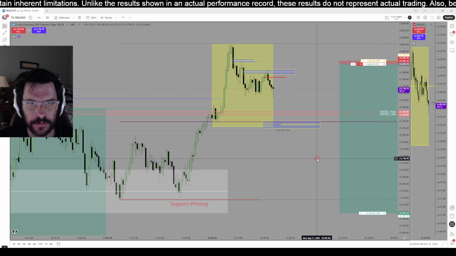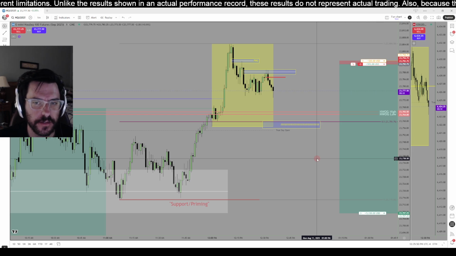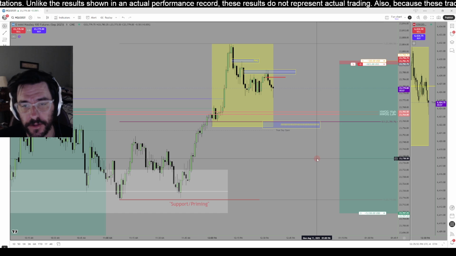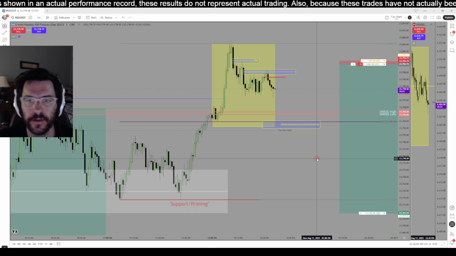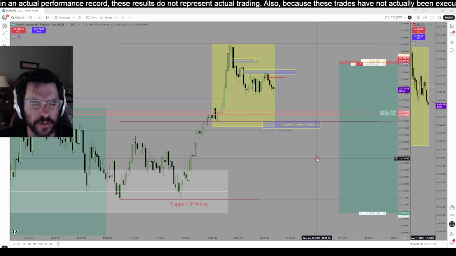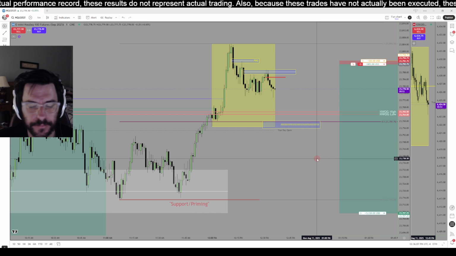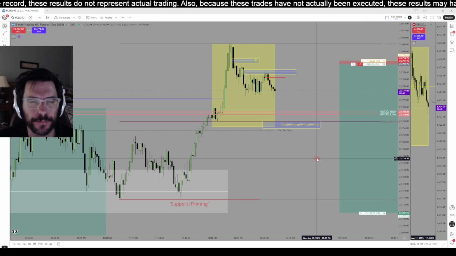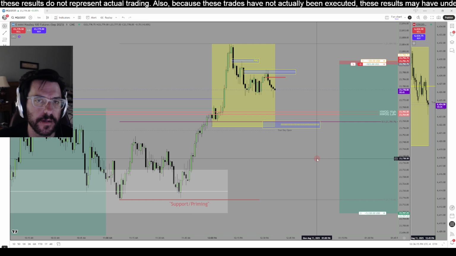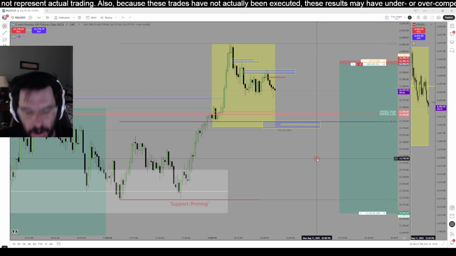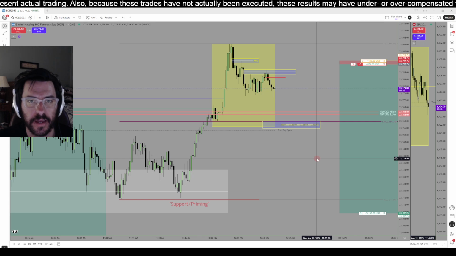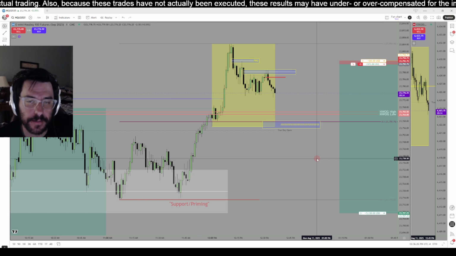Think of it like this. If you're a big hedge fund and they're filling in thousands upon thousands of orders, they can't get in the market like you and I can with our one micro or one mini. Hell, even 100 minis is really easy, especially in this liquid market like the Nasdaq futures. What they're going to do is prime up the market in a certain way to where they can buy the sell stops and then sell the buy stops, if that makes sense.